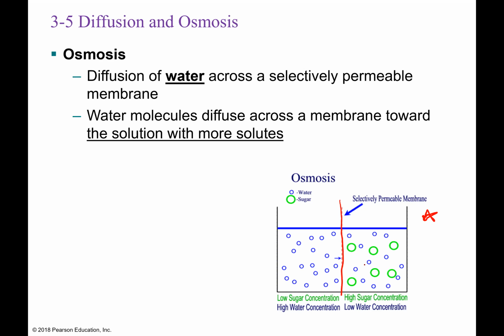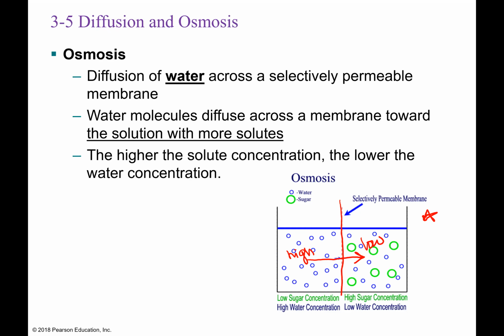So if we have sugar water on one side of the membrane and just water on the other, water molecules are going to move from an area of high concentration of water molecules to an area of low concentration of water molecules, okay? And it is trying to reach equilibrium again. Remember, this is still a passive process. No energy is going into osmosis.